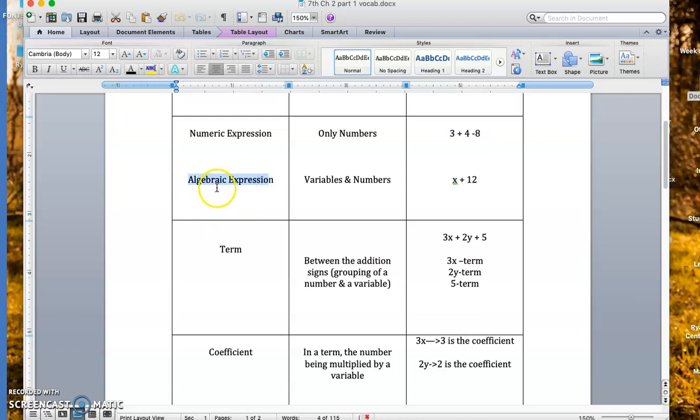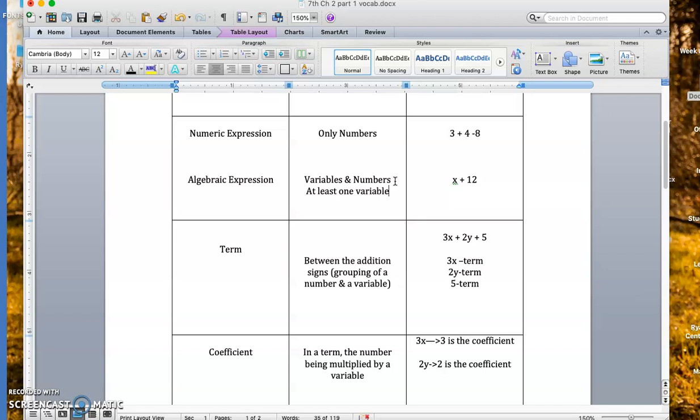Algebraic expression. Well, algebraic sounds like the word algebra, and a lot of times when we think of the word algebra, we think of variables. That's what most people think of when they think of algebra, and that's exactly what an algebraic expression is. It has at least one variable.